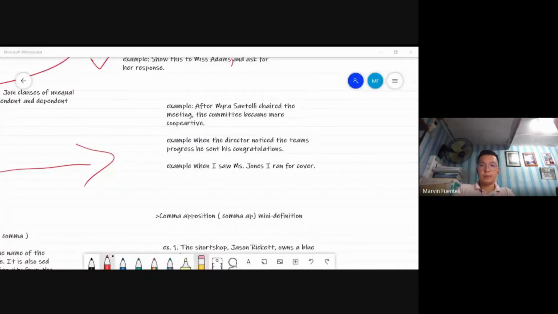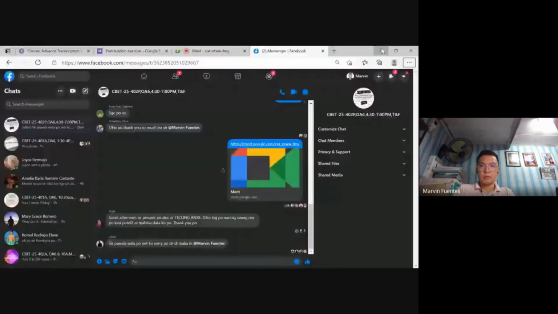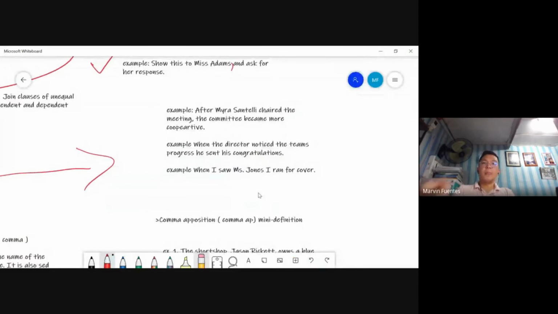Hold on kasi naghahang, hindi ko ma-alt tab yung, gusto ko kasi nakikita ko din kayo plus the Microsoft Whiteboard. Alright, now, right there, dun sa taas, after Myra Santelli chaired the meeting, comma, the committee became more cooperative.